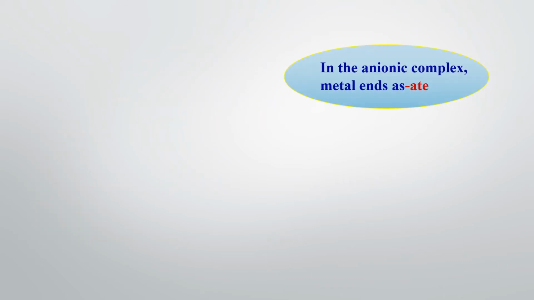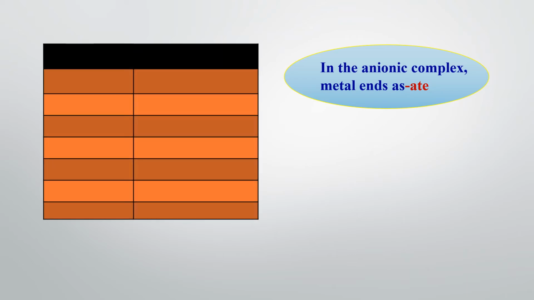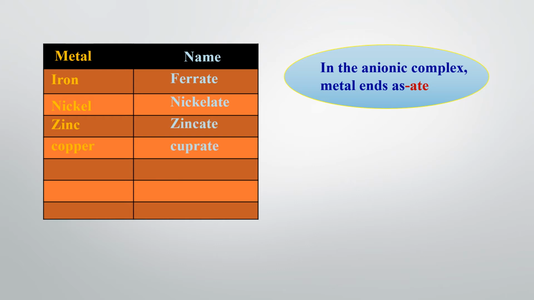So now here iron is there. We will call it ferrate. Iron means ferrate, nickel means nickelate, zincate, cuprate, aurate, platinate, stannate. If it is an anionic complex, the metal name ends with ate.